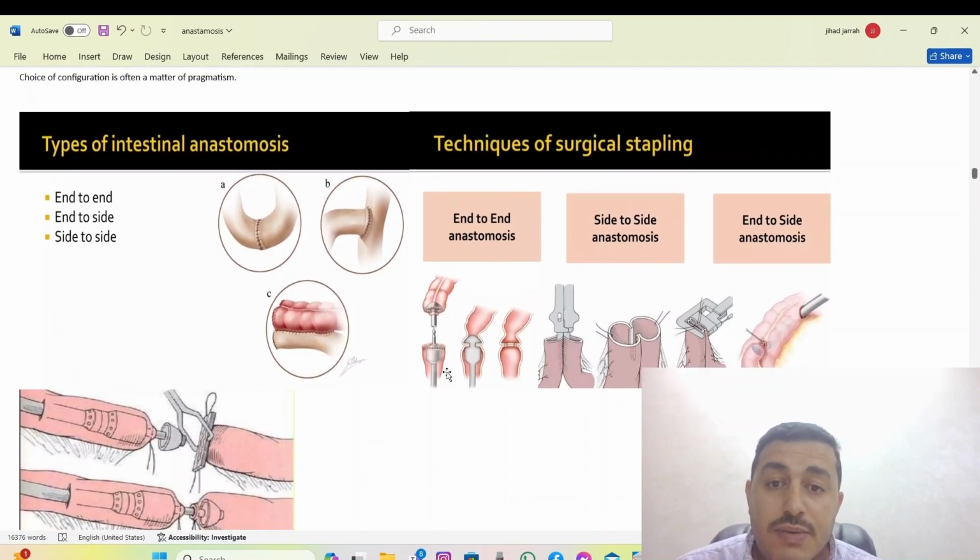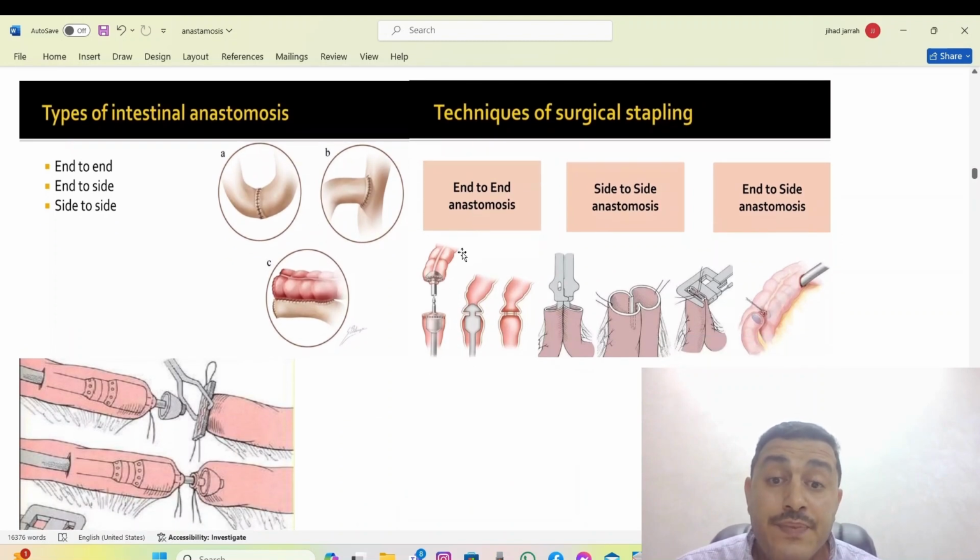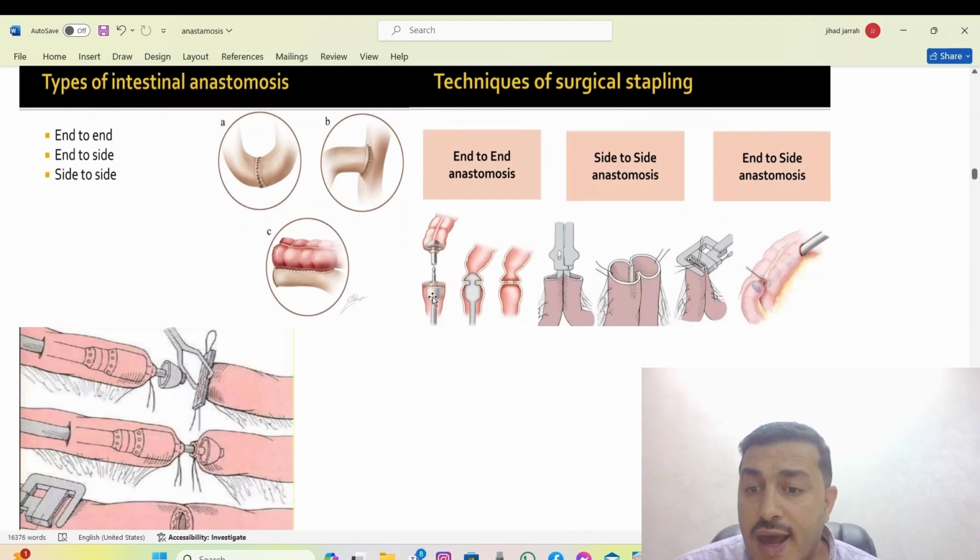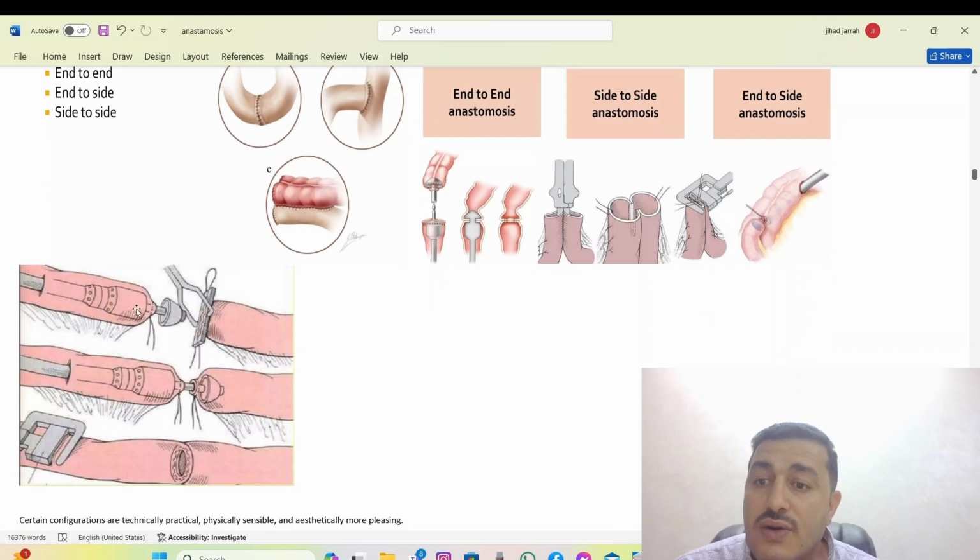Just a nice picture. You can see end-to-end anastomosis using a circular stapler. They introduce, actually I think that they introduce the circular stapler through the anus, while here they use the circular stapler with an enterotomy, and they close the enterotomy at the end of the creation of the anastomosis.